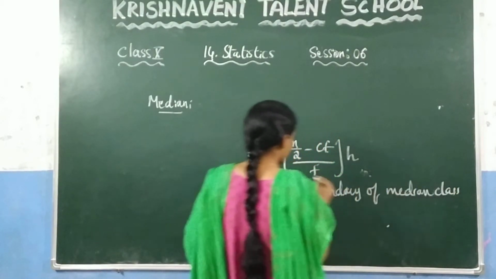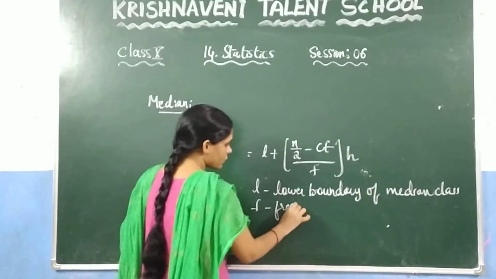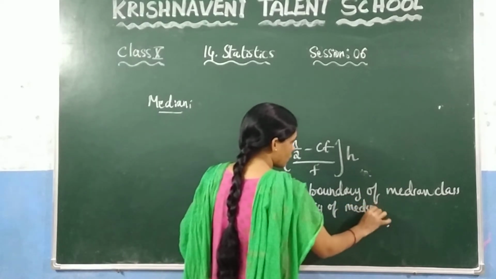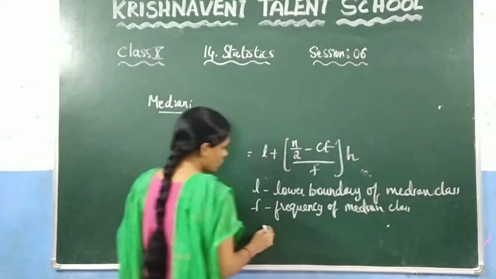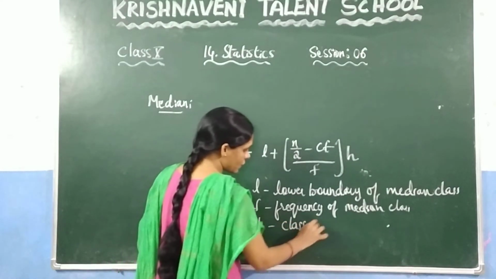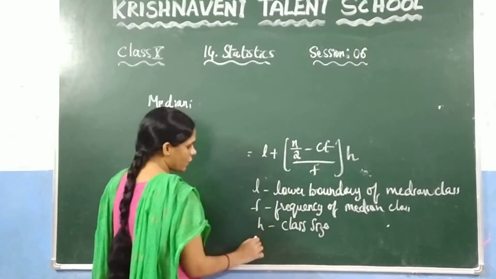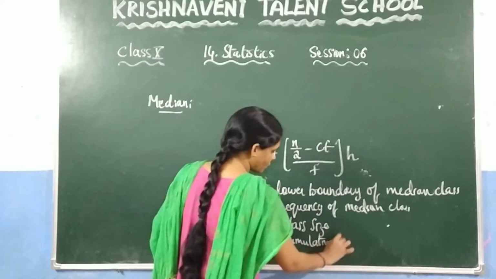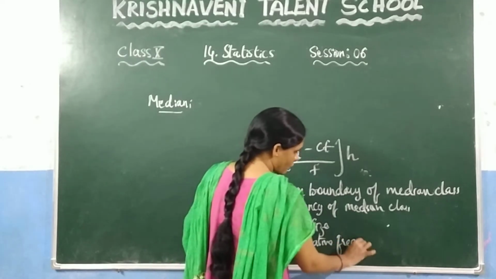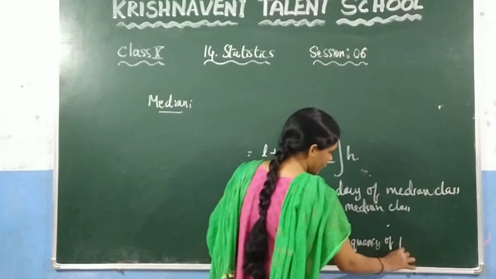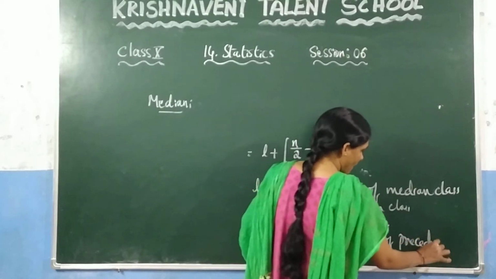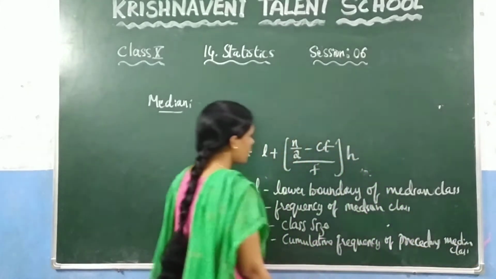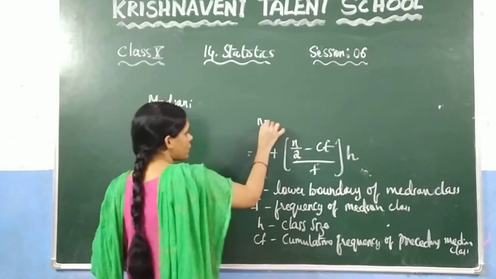And here f is nothing but the frequency of the median class. After that, n is nothing but the number of observations.